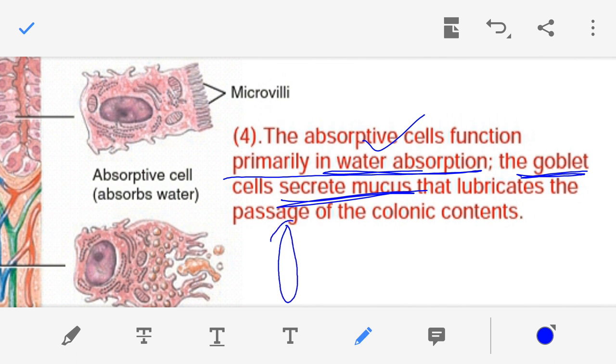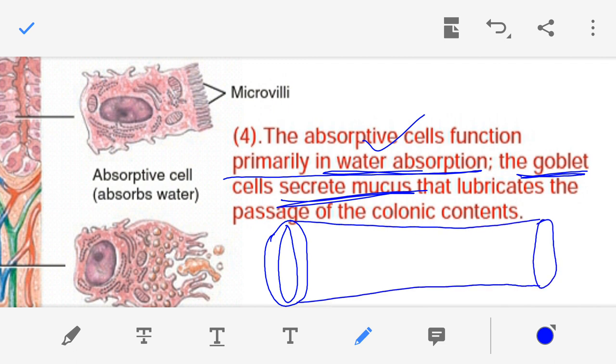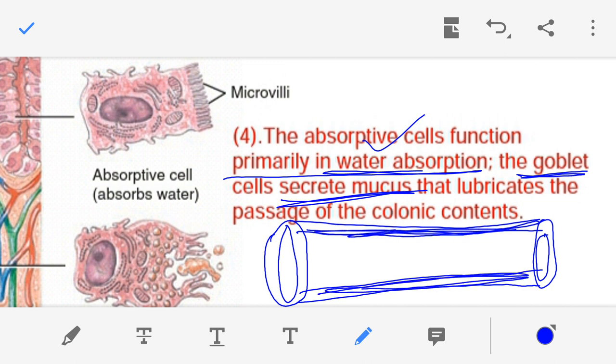So let's see, this is the large intestine, and this is the wall of the large intestine. The innermost layer is the columnar epithelium, and in that, absorptive and goblet cells are present.